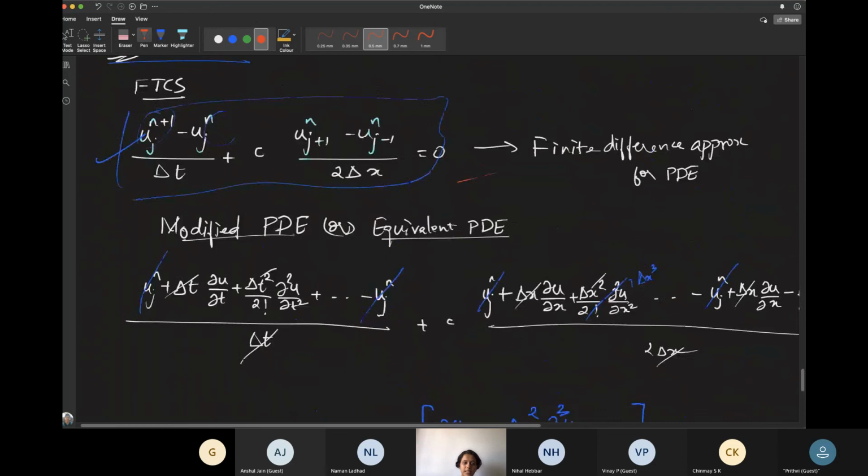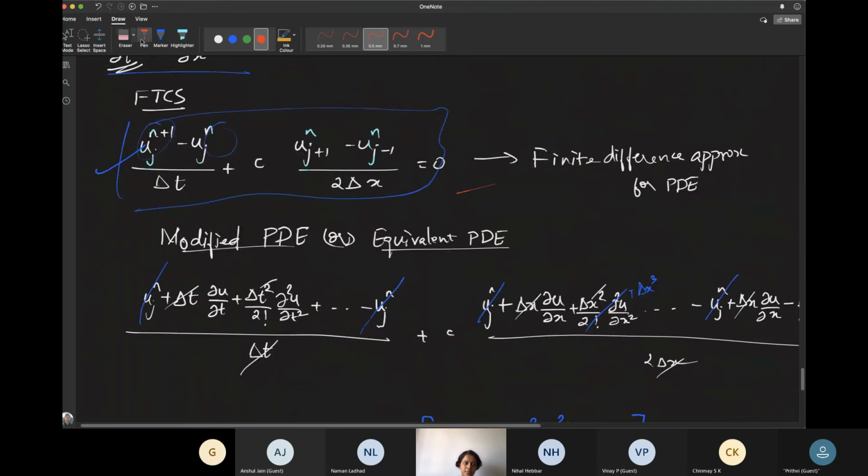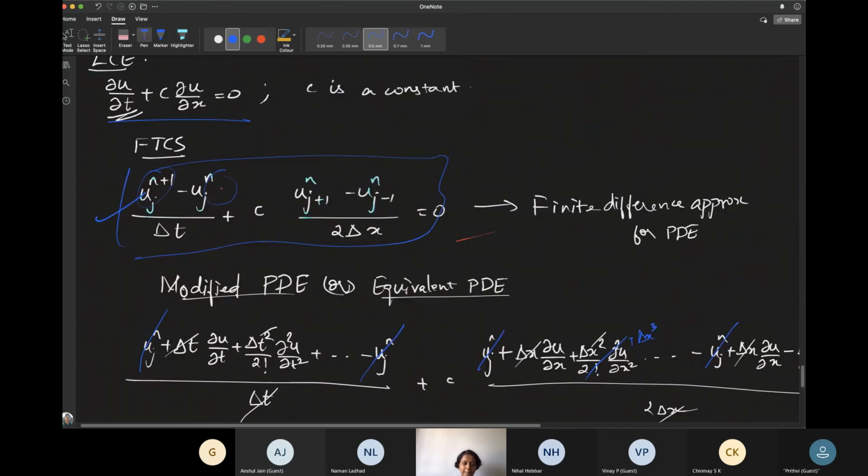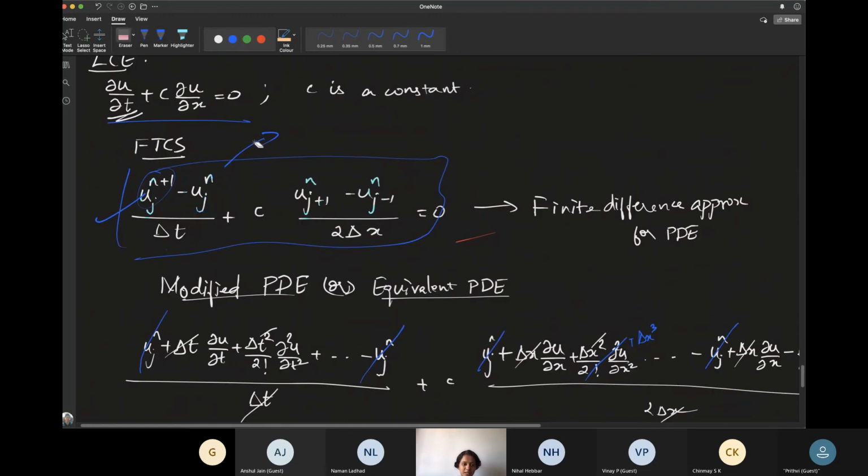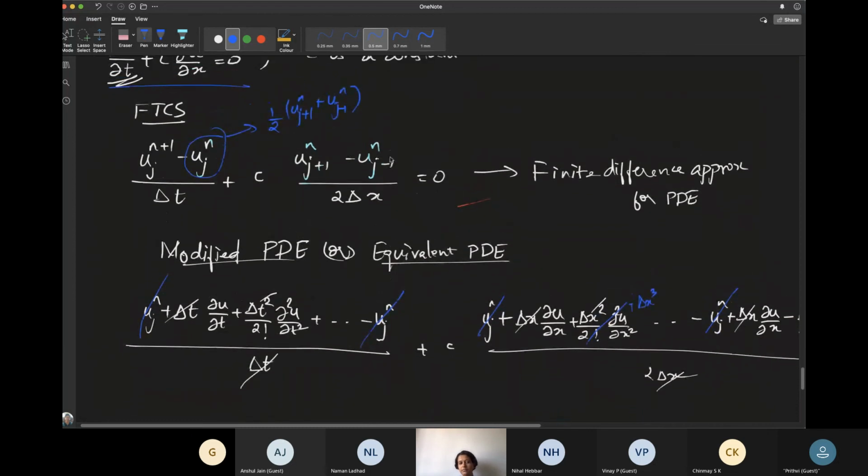Suppose I say that I'm replacing this by something else, then let's see if it's consistent. So now I'm trying to replace this by half into uj plus 1 n plus uj minus 1 n.